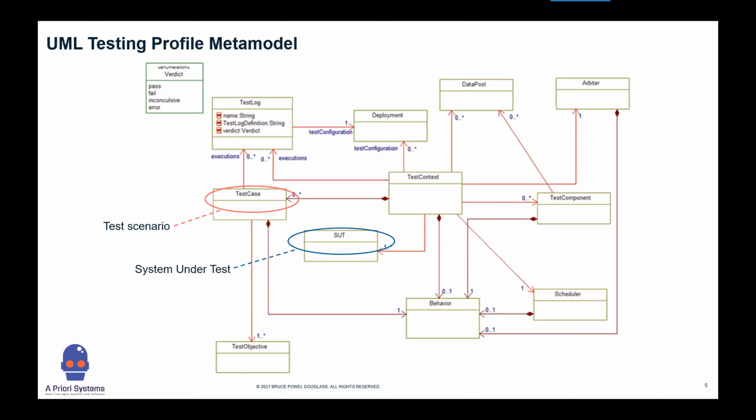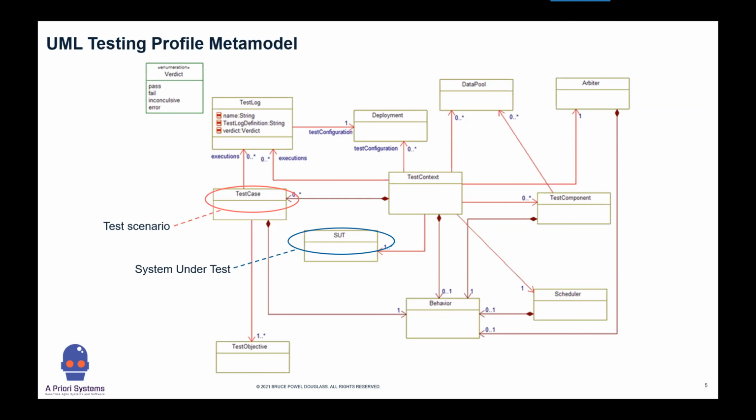Then there are these test cases. A test case is a particular test where you have a particular set of inputs, with certain values and timings, in a certain context, with an expectation of an outcome or output. These can be represented in four key ways in the testing profile.